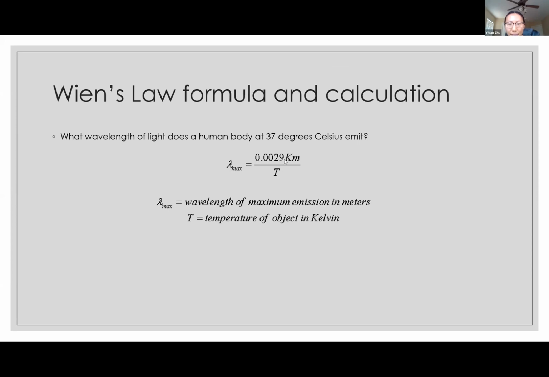Yes, somebody said 37 degrees Celsius is 310 degrees Kelvin. All right, so great, you converted it to Kelvin. So that was actually the first step. So now you have to use kelvins in your calculation using Wien's law.